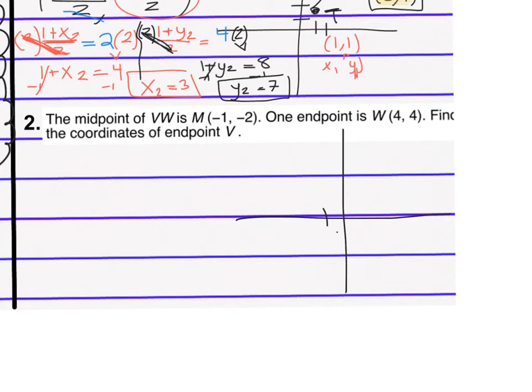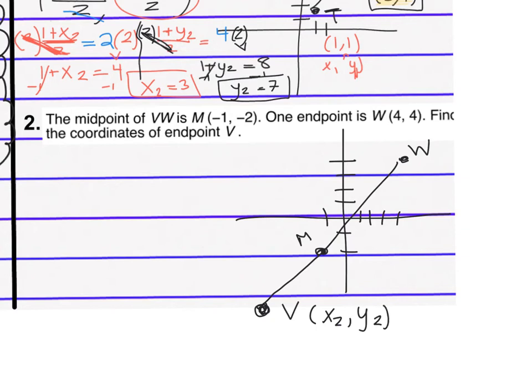So (-1, -2) is the midpoint. (4, 4) is one endpoint. So we should be getting something down here for V. We're going to find the coordinates of V. W is at (4, 4).